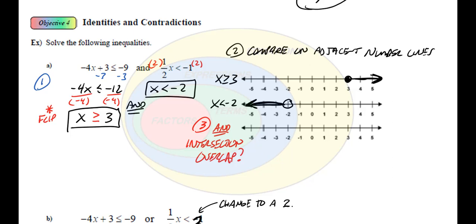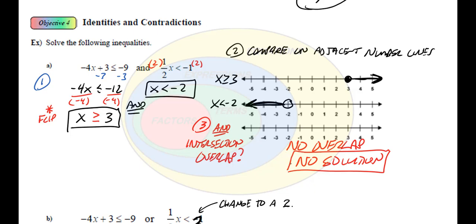These two number lines do not overlap. Therefore, there's no solution to our compound inequality. It's looking for the and, there's no overlap, so there's no solution. Or we could just say that the answer is the empty set.